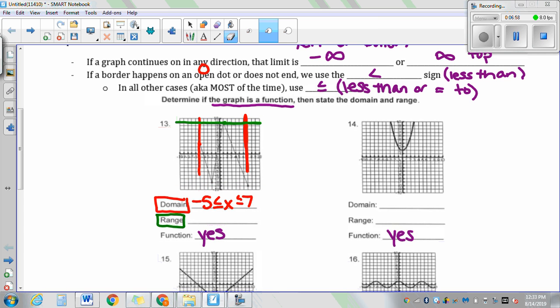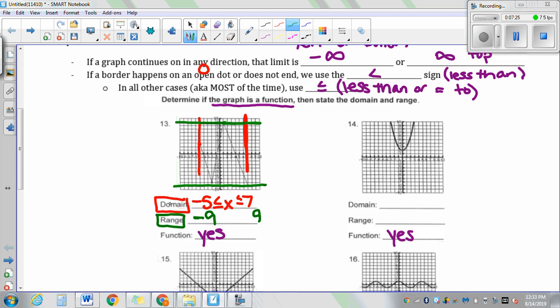Ooh, this is good that I made a mistake. Because look at this. This is not actually the bottom of the graph. That guy is lower. And I had a hard time seeing that because of all my colors on there. So I apologize. Here is my bottom of the graph. And that is at -9. So the bottom is at -9. The top of the graph is at +9.